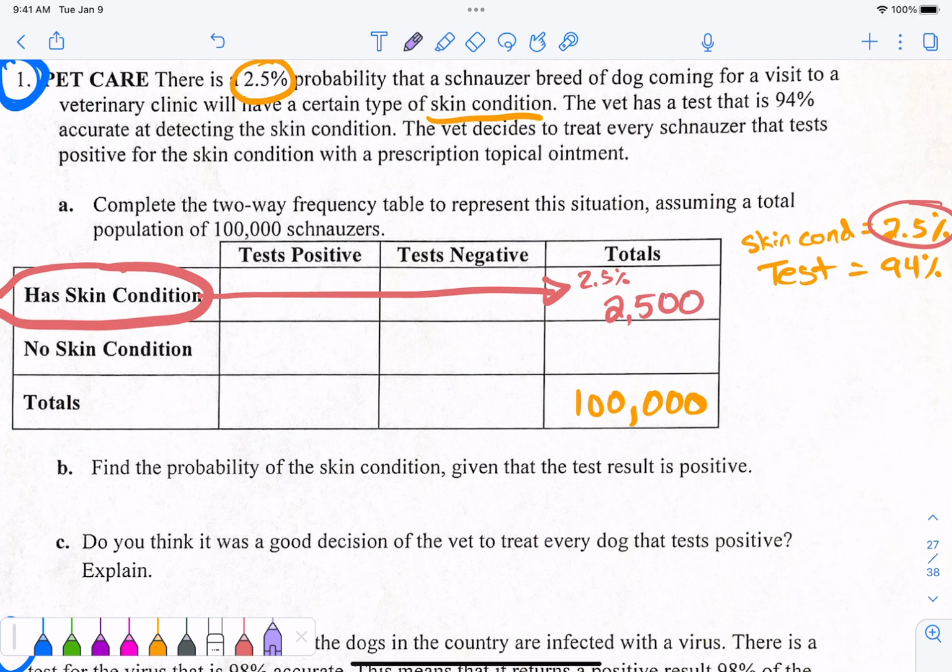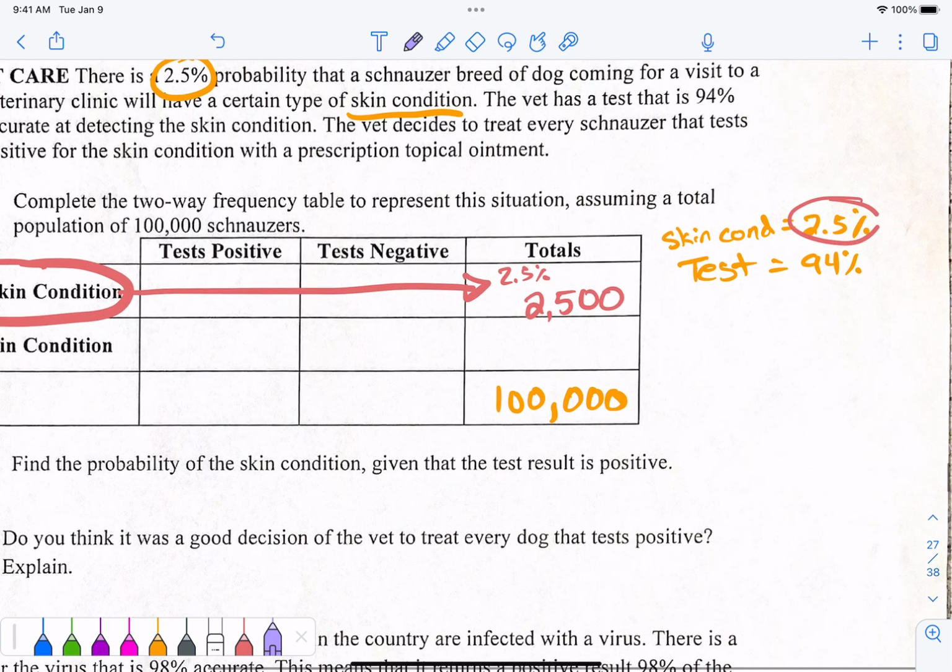Now, how do you do that if you don't know the math? 2.5% is 0.025, and we're going to take 0.025 times 100,000. 2.5% is 2,500, right? Now that means that how many don't have the skin condition? You can either subtract these, or you can take 97.5%, right? So how many won't have the skin condition if you either subtract or take the other percentage?